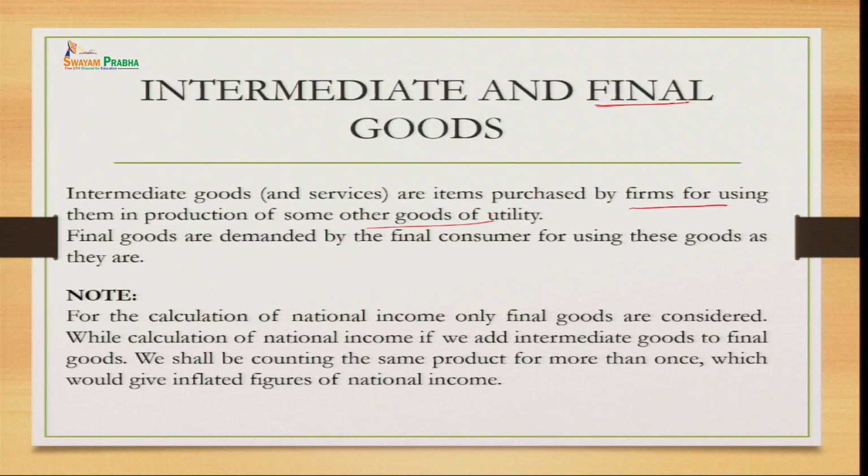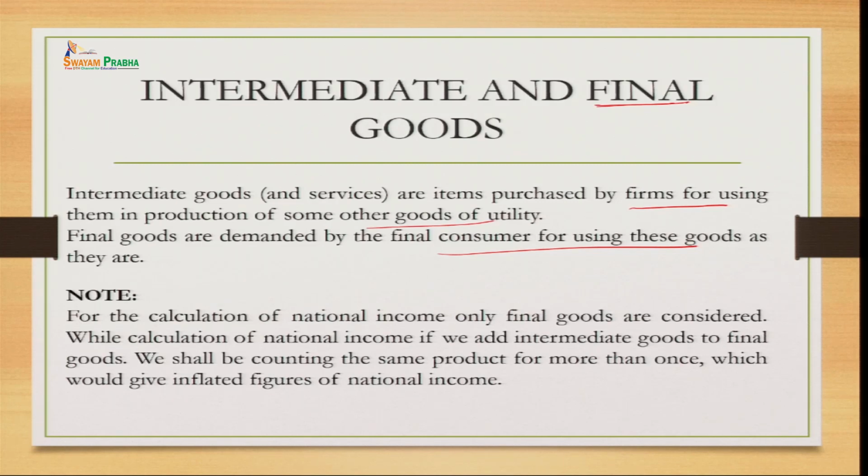You use them for further purposes of utility, or you produce another good from those goods, and that would be considered an intermediate good, whereas final goods are demanded by a final consumer for using these goods as they are.